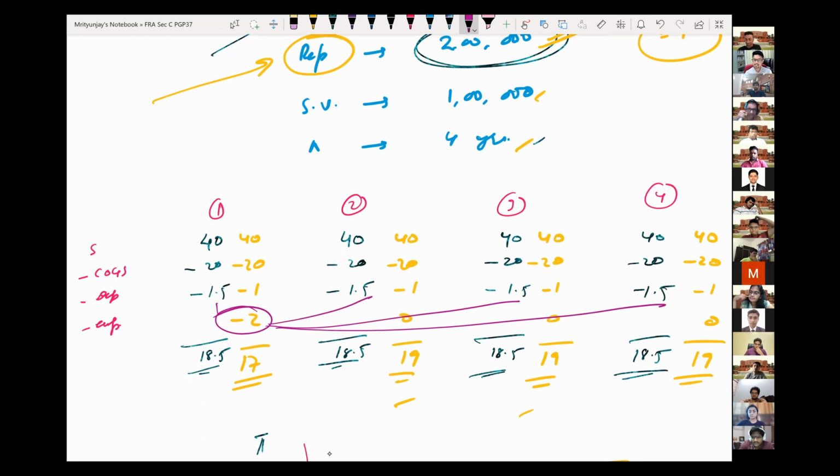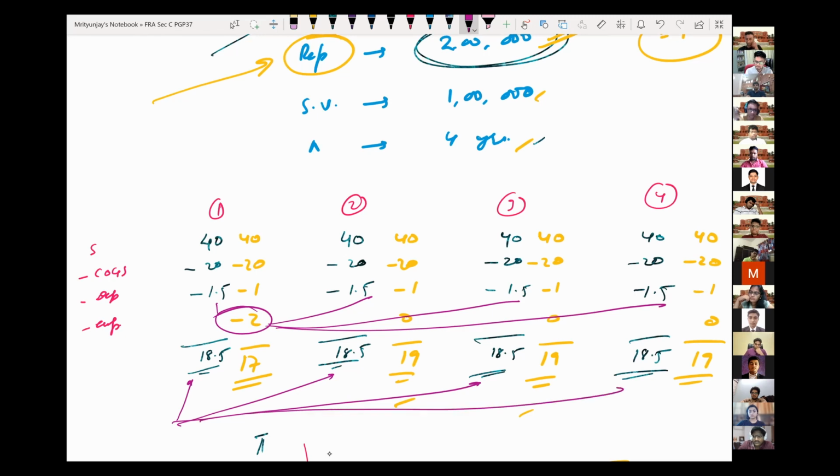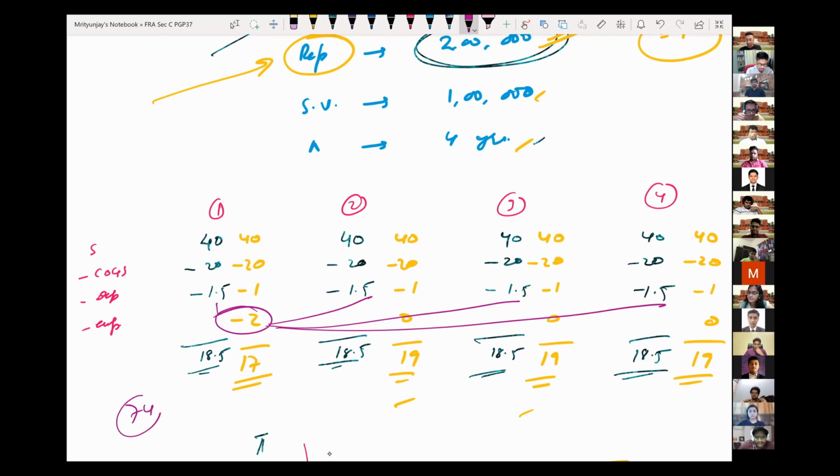So this is the difference it makes. If you calculate all the profits over 4 years, let us total 18.5 into 4, what do you get? Total profit over 4 years. 74. 74 lakhs rupees of profit. And if you add all the profits in system yellow, then what do you get?